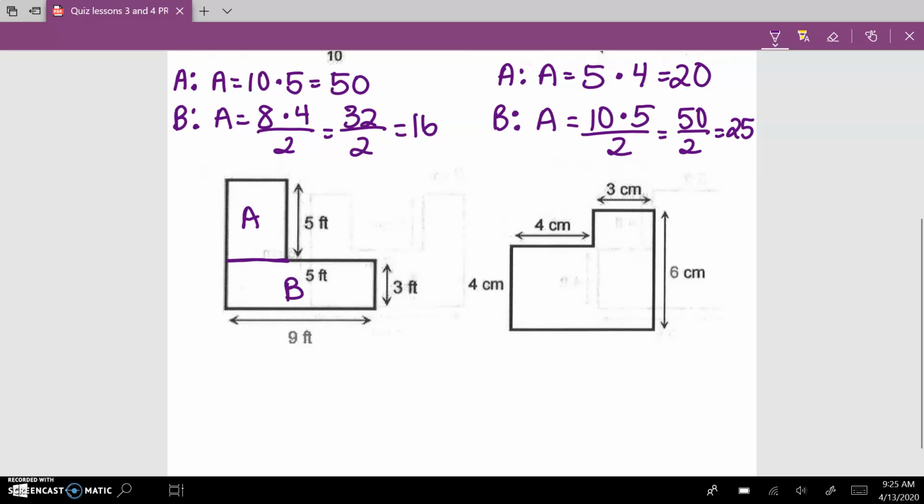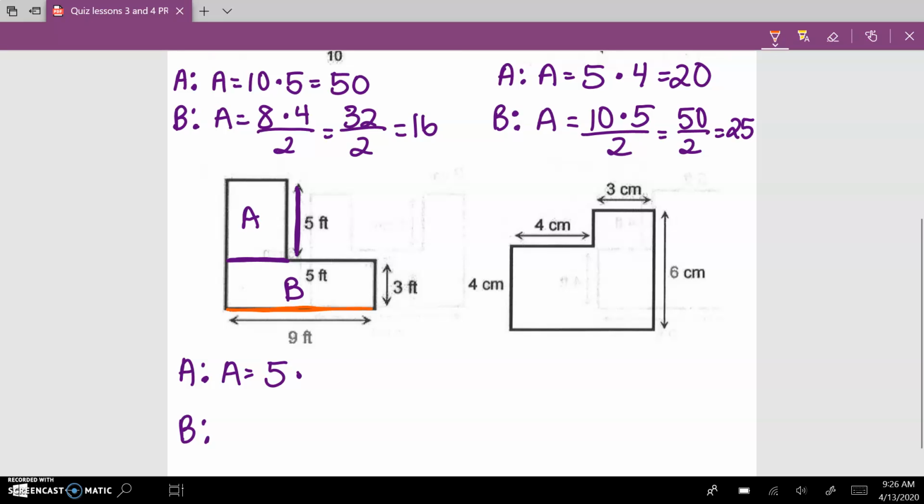To find the area of part A, we need a length and a width. We have this 5 going up and down here. So 5 times, now we don't know what this bottom purple line going across the bottom of the shape is. But if we look at the bigger rectangle, rectangle B, all the way across the bottom, I'm going to do it in orange, is 9.